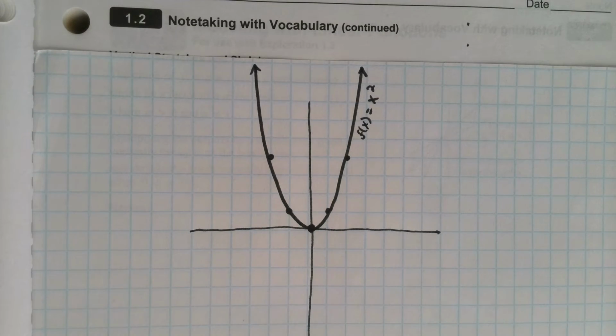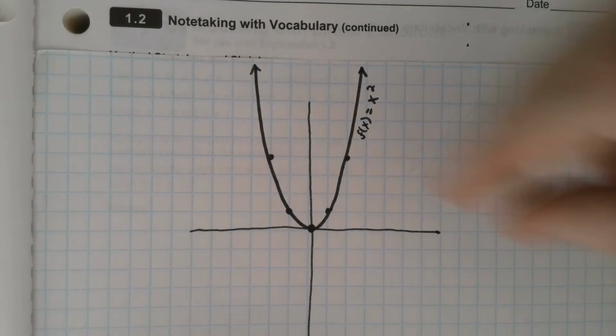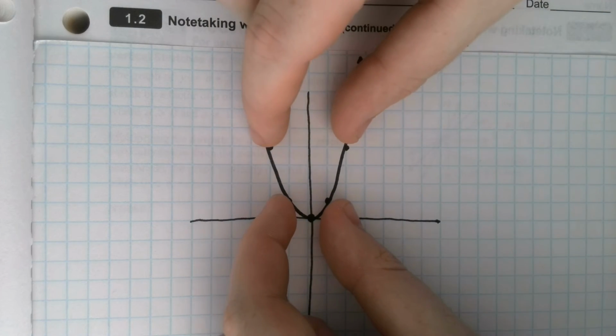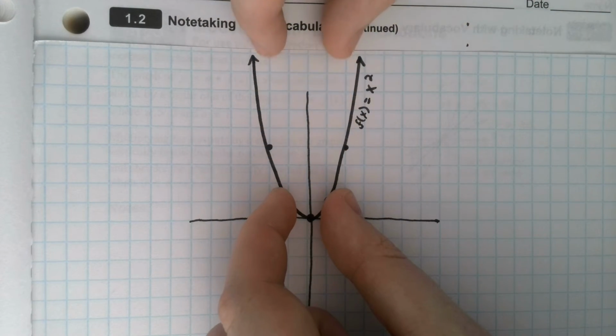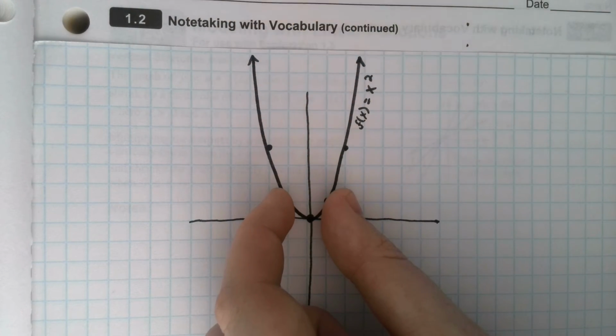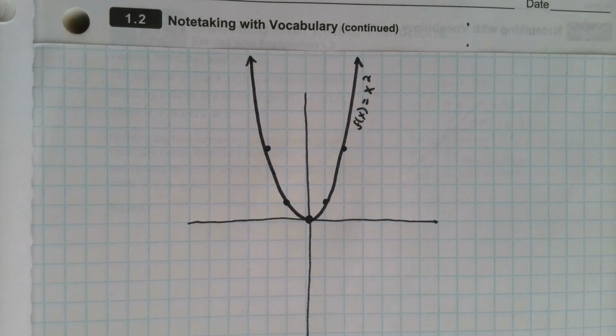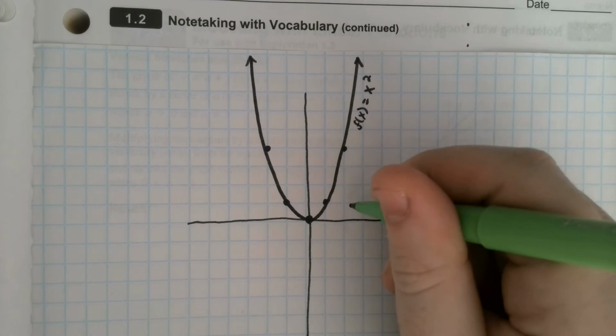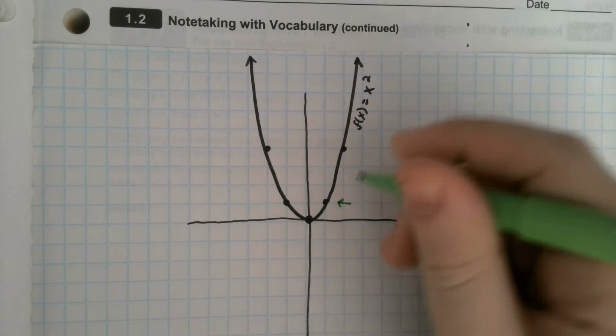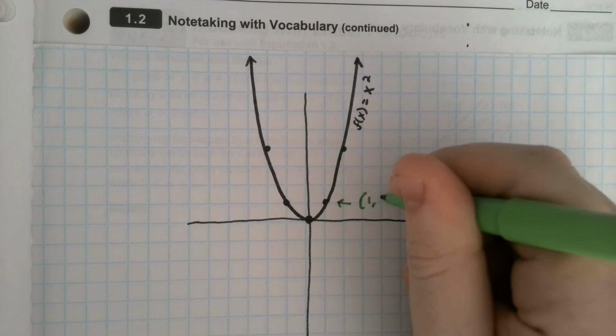Let's say I wanted to vertically stretch it by a factor of 2. What does that mean? It means I want to pull this parabola apart so that it's 2 times taller. How do we do that? Well, let's take a look at some points again. This point right here is the point 1, 1.